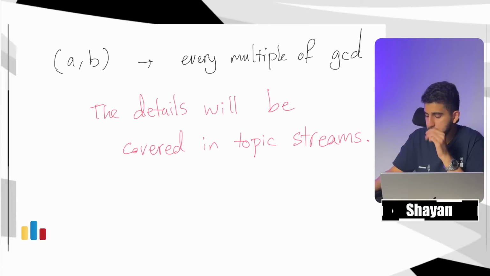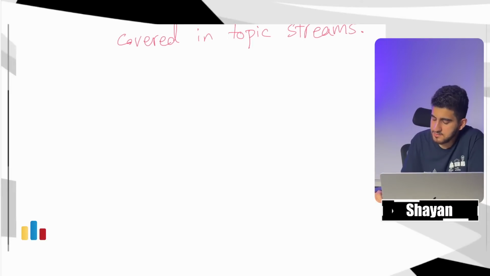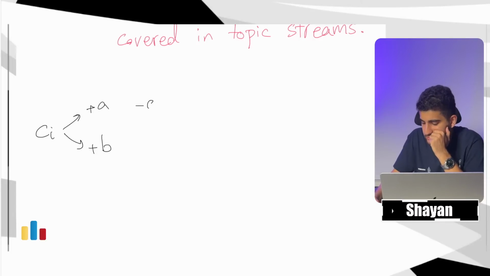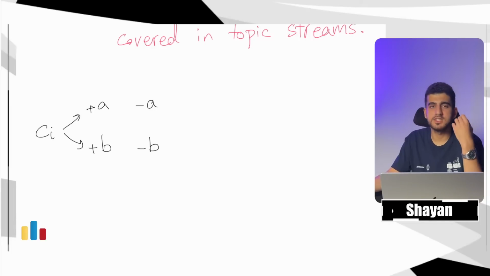So we know that every multiple of the GCD can be added. We proved that each time we can choose a c_i and add A or add B to it. And then I showed that even if we can also subtract A or subtract B, the answer wouldn't change at the end.